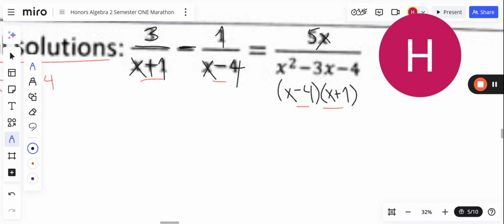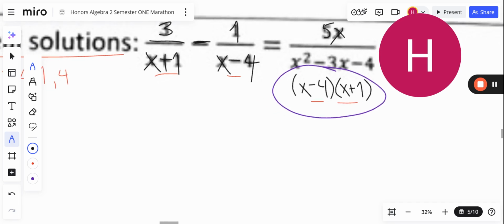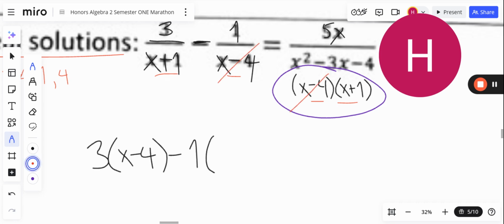Okay, now let's go by multiplying every fraction by this. And we end up with 3 times, because the x plus 1's cancel, x minus 4, minus 1 times, because now the x minus 4's cancel, it's going to be x plus 1, equals 5x, because the whole denominator will cancel.